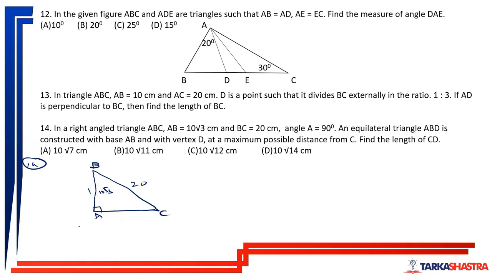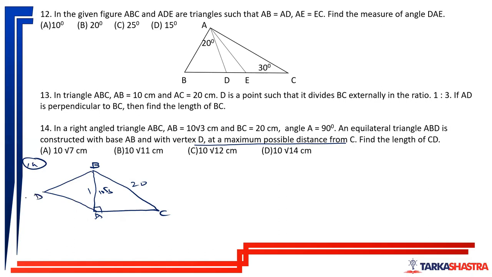An equilateral triangle ABD is constructed. So equilateral triangle ABD can be constructed like this, or it can be constructed like this, with vertex D at maximum possible distance from C. So D will come here.